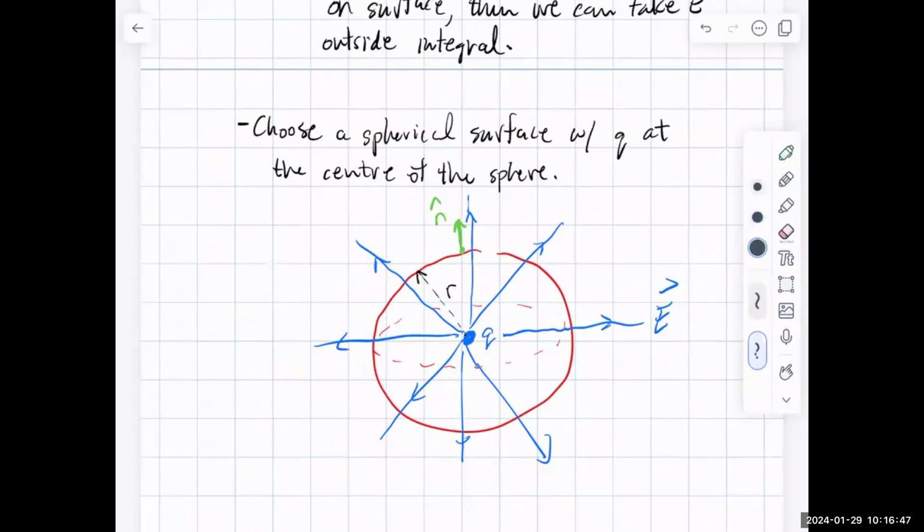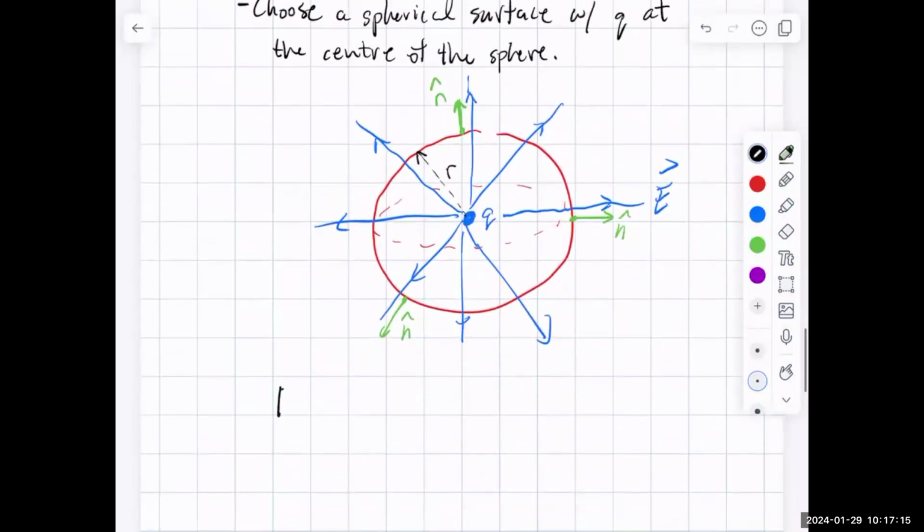Here, I'll draw it like that. Okay, and then if I went to some other point, n hat pointing outwards would look like that. And over here, it would look like this. And no matter where I go on the surface, n hat and the electric fields are always parallel. And that was one of the things we said was going to simplify our problem.